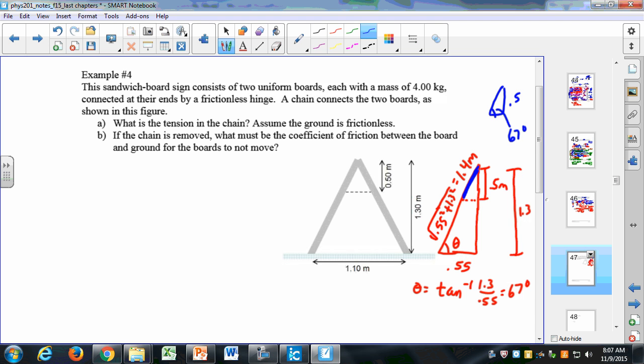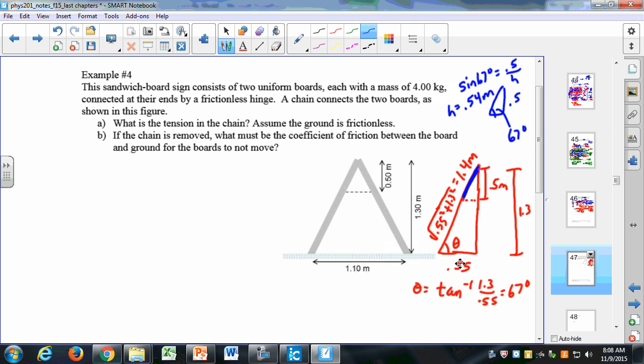Which trig function will I use? You could do that. What would that be? I've already used the sine function. I'll just do that. But you could do that. So I could say sine of 67 is 0.5 over the hypotenuse. And so that distance, I'll call it h, is going to be 0.5 over sine 67, which is 0.54.